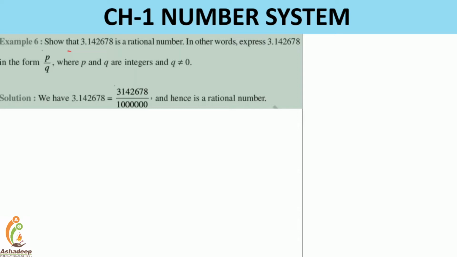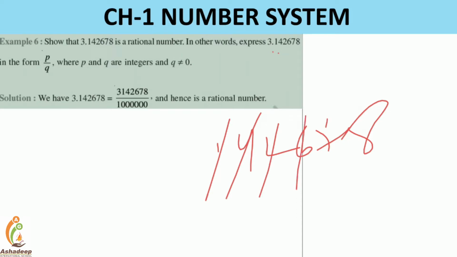Now show that this is a rational number. In other words, express this number in the form of p by q, where p and q are integers, and q is not equal to 0. Very simple, right? In the 5th standard we know this. We just need to count the digits after the point: 1, 2, 3, 4, 5 and 6.